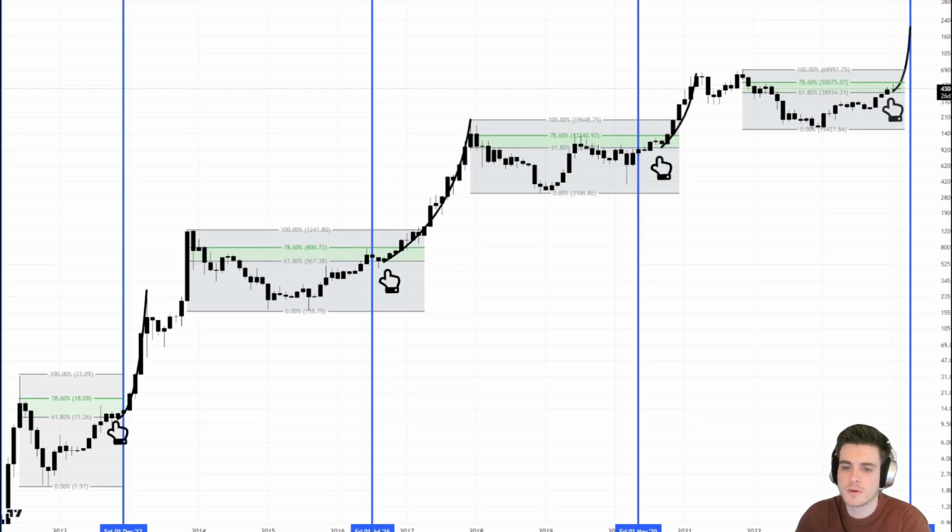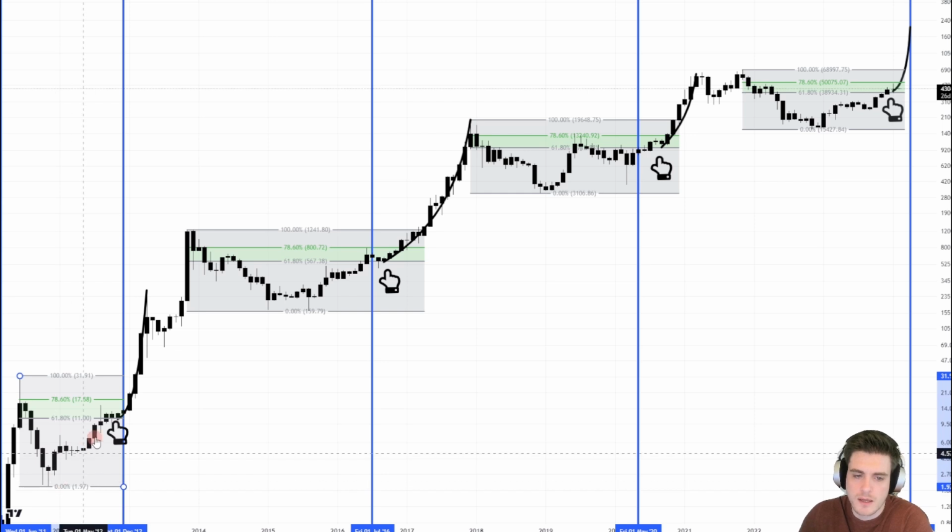Obviously, a lot of people would ask, why would Bitcoin pump already before the halving? Last time it always pumped after the halving, right? So, well, I looked at the recovery of the previous bear markets and at which point Bitcoin currently is. So if we take the top before each bear market and the bottom of the bear market, then the Fibonacci retracement back to the 61%, 78%.